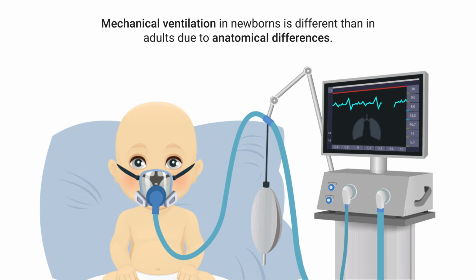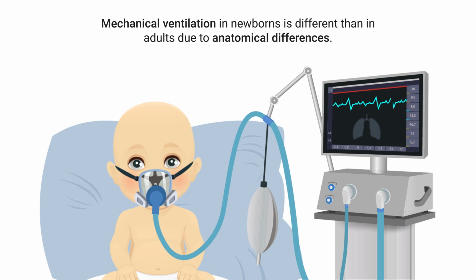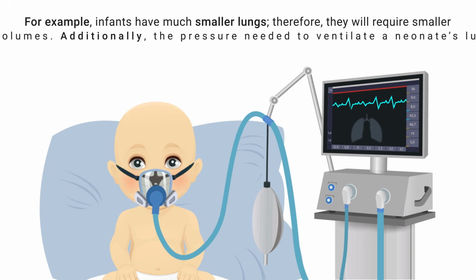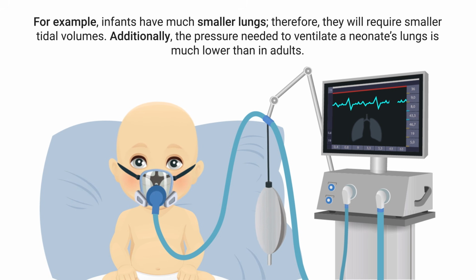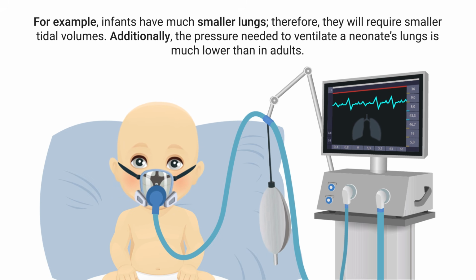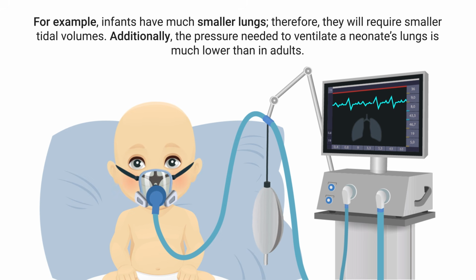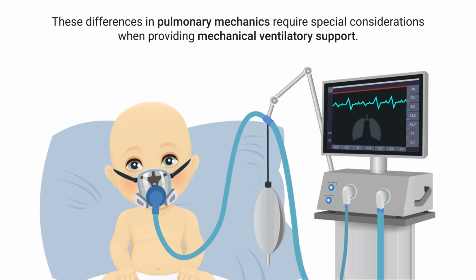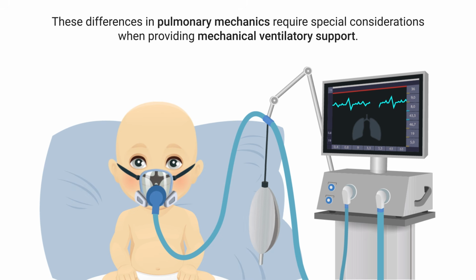However, mechanical ventilation in newborns is different than in adults due to obvious anatomical differences. For example, infants have much smaller lungs, therefore they will require smaller tidal volumes. Additionally, the pressure needed to ventilate a neonate's lungs is much lower than in adults. These primary differences in pulmonary mechanics require special considerations when providing mechanical ventilatory support.